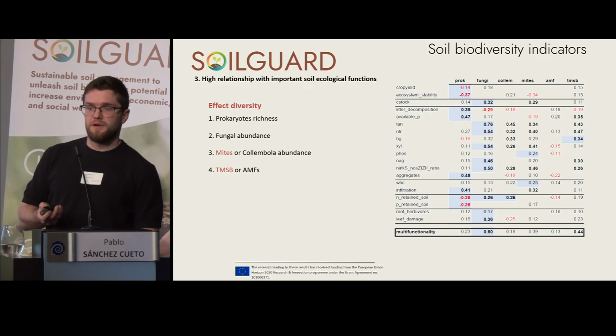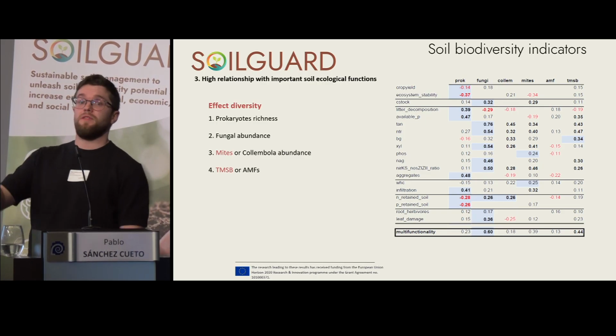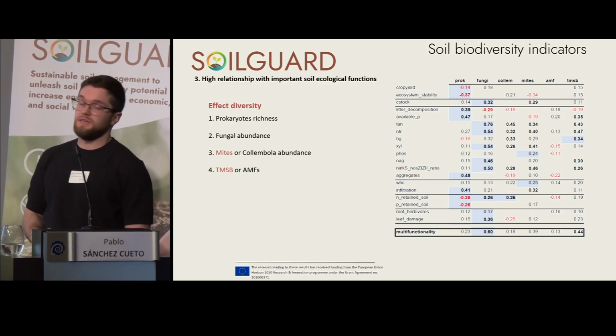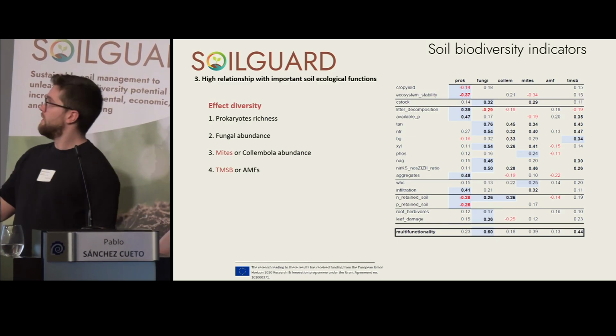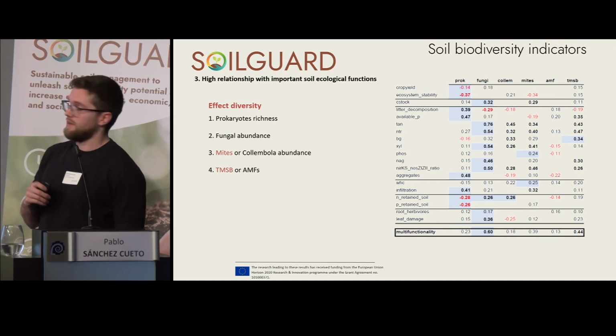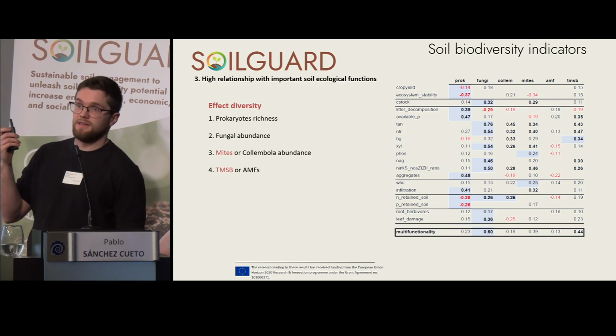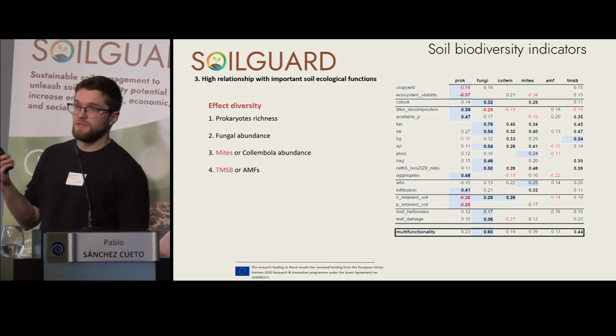Moving to the third question, we assess the relationship of these candidates with the important soil ecological functions. In this table, we represent the correlation values, where the red numbers represent negative associations and the black ones positive.